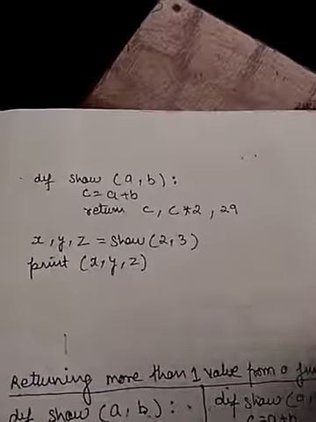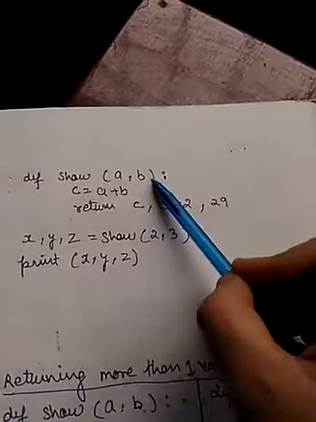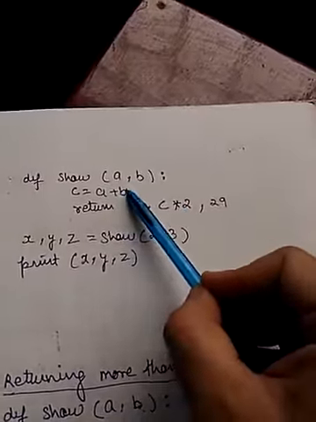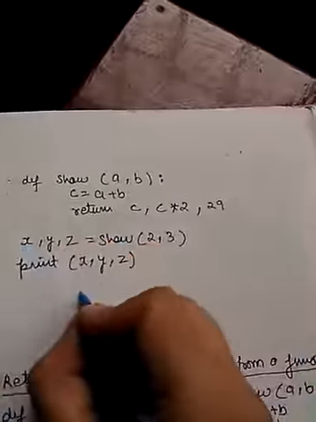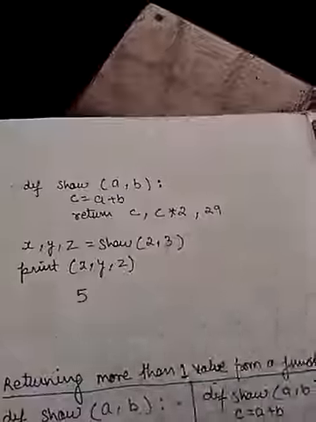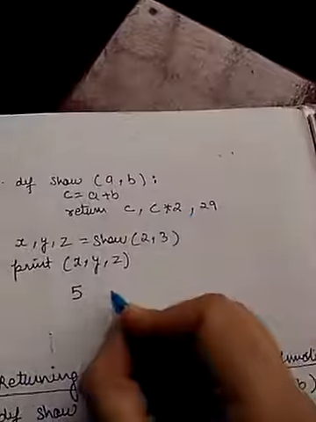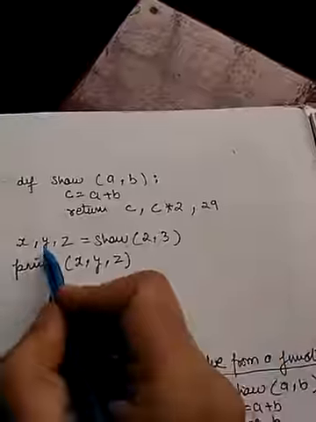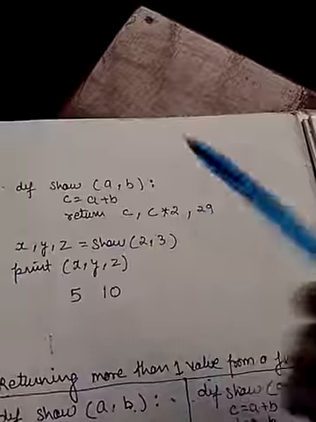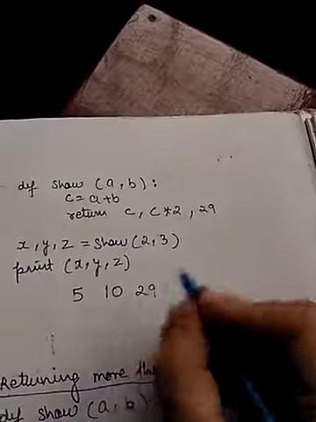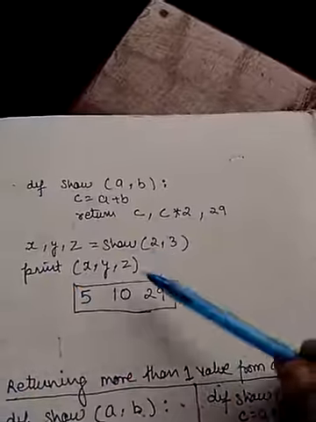Now what will be the output of the program? show(2, 3): 2 plus 3 is 5, return 5. So here in x, 5 will be there. 5 into 2 is 10, so in y, 10 will be there. And z will receive 29. So this will be the output of the program.